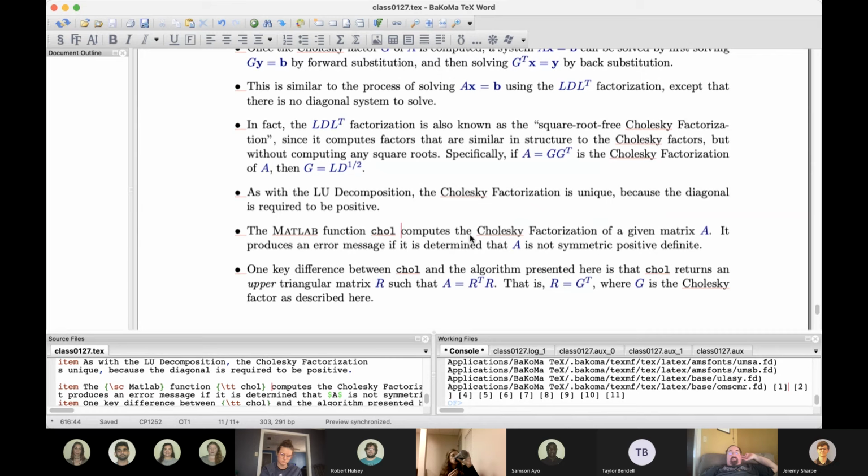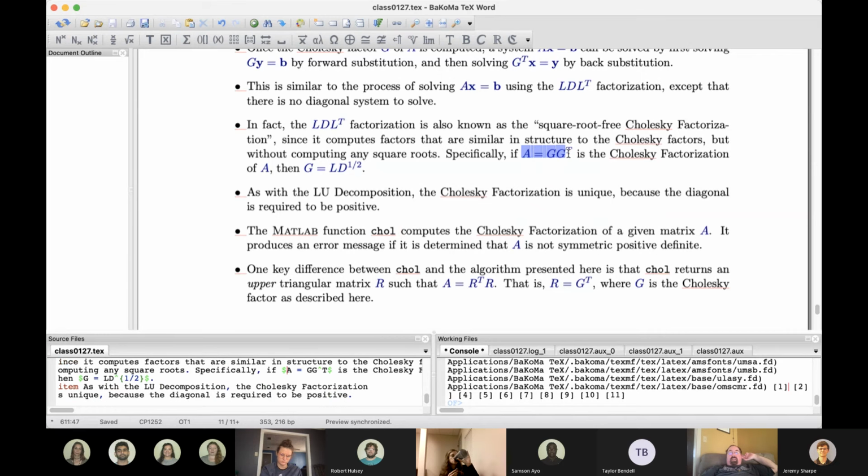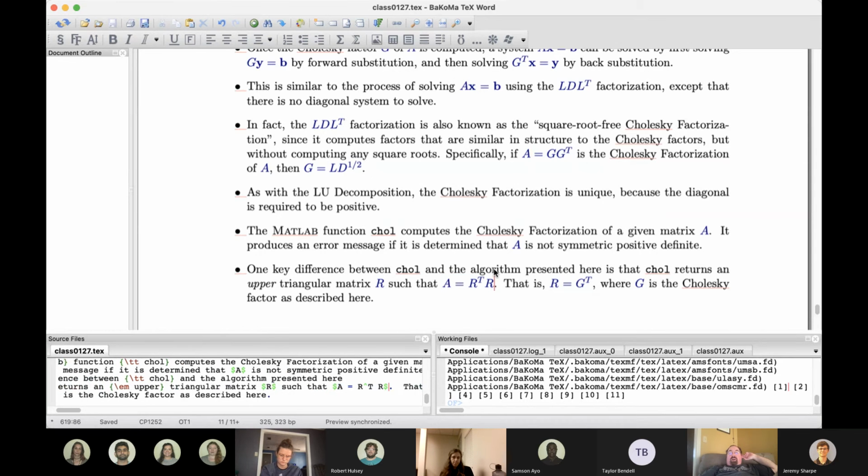One thing I want to mention is that there are two different ways of writing the Cholesky factorization. There's this way that I use: A is lower triangular times its transpose. Or you could write it this way, A equals R transpose R, where R is upper triangular. So it's still lower triangular times upper triangular. It's just different notation. MATLAB follows this convention.